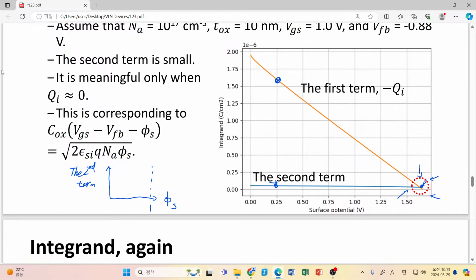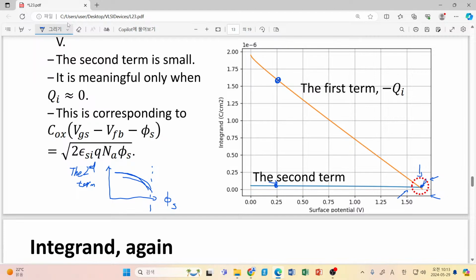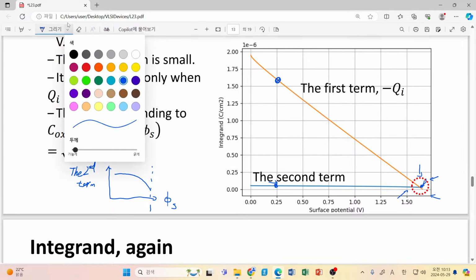It also changes a little bit, quite smoothly. So this is the behavior of our second term.